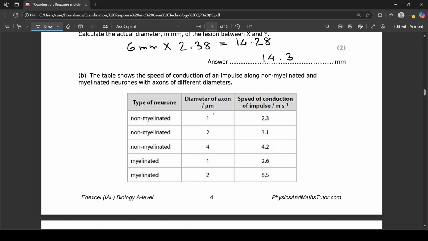And there is the diameter of the axon given in micrometers, and then we are given the speed of conduction of impulse.